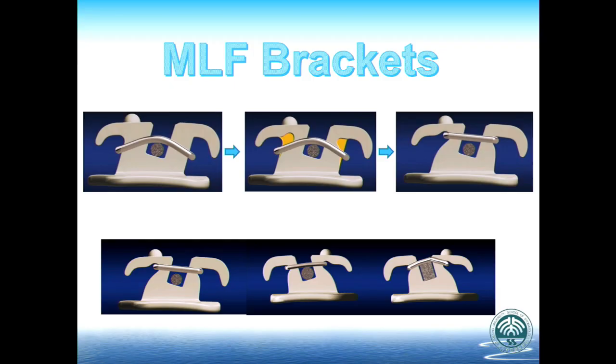We just cut two small pieces from the outer wall of the slots under the wings, and the ligature wire can then slide away from the archwire, leaving the archwire free of normal pressure from the ligature. Then the brackets can slide along the archwire freely, just like self-ligating brackets do.